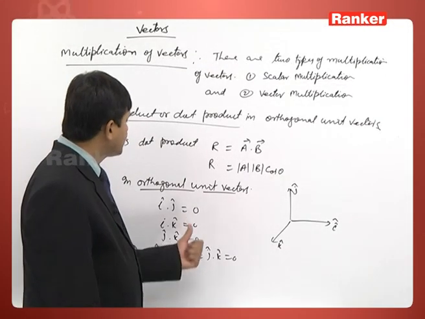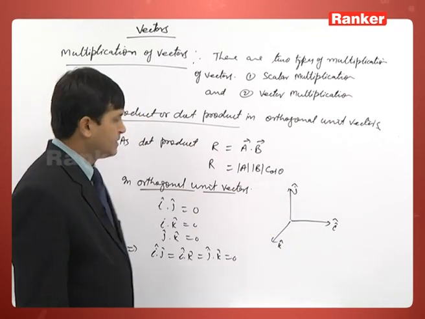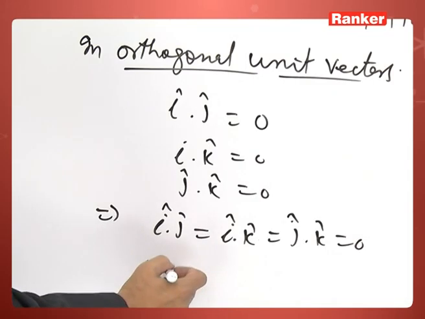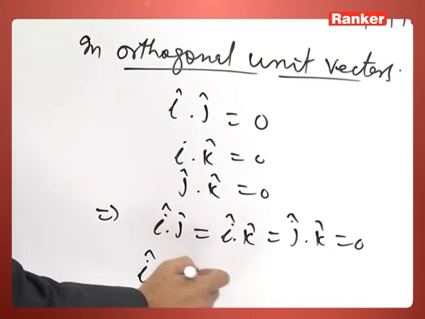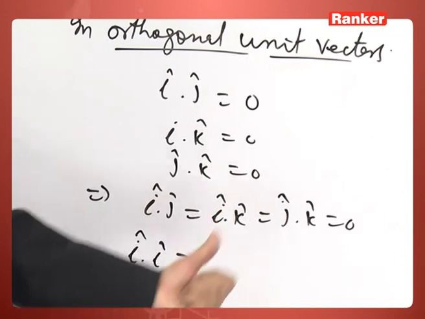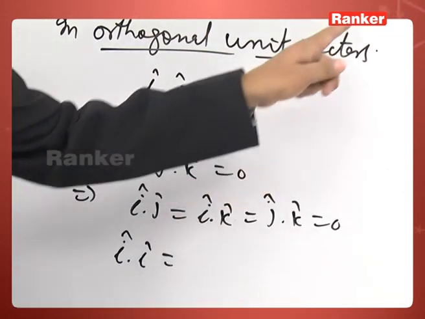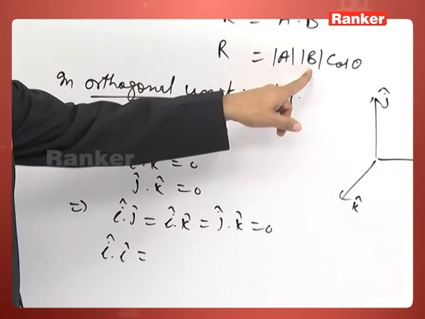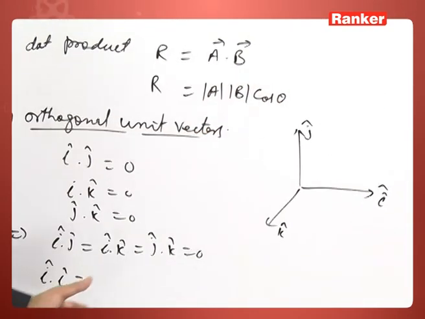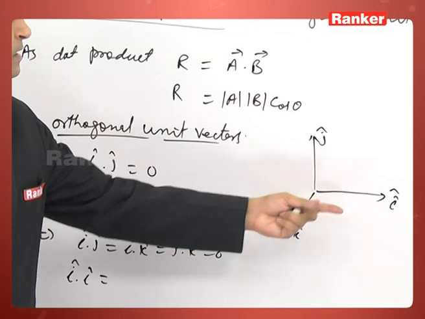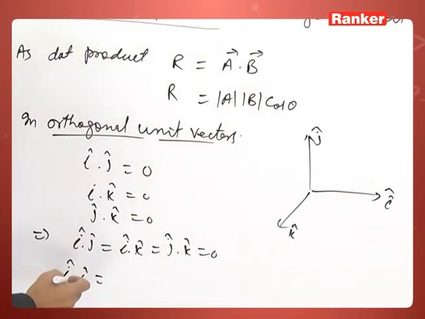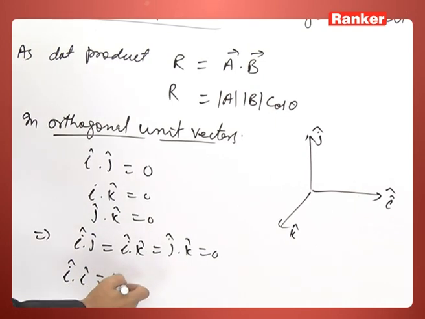But if we multiply the same vector, let's say i dot i, the magnitude of i is 1, the magnitude of the other i is also 1, and both are parallel vectors, so the angle between them is 0 and cos 0 is 1. So, i dot i will be 1.